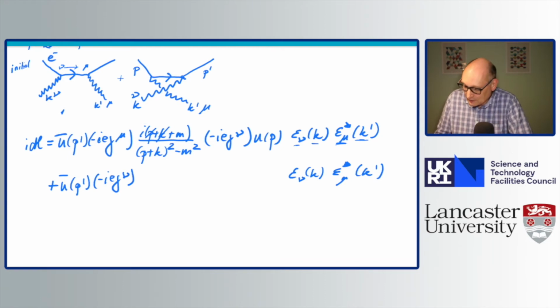The external photons are the same, and then this time the momentum that flows across the fermion propagator here is P minus K prime.